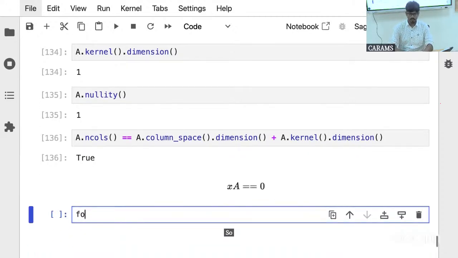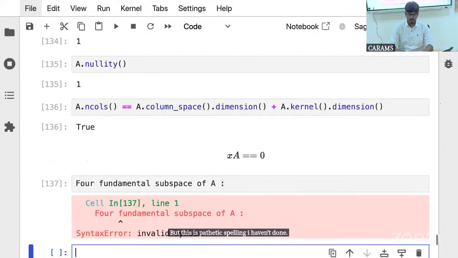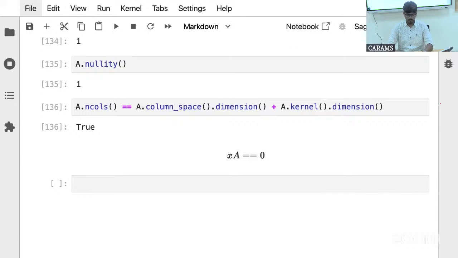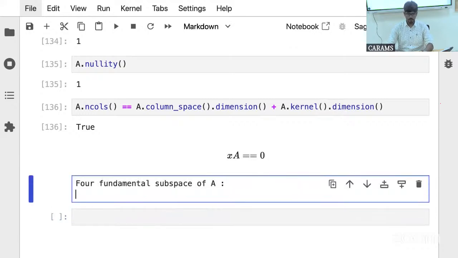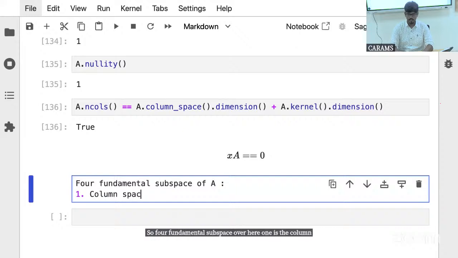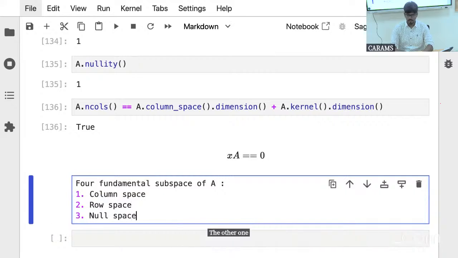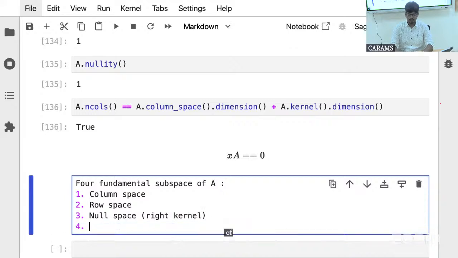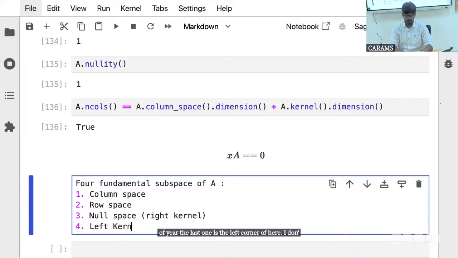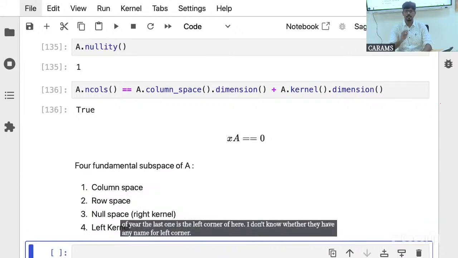The four fundamental subspaces of a matrix A: one is the column space, the other is the row space, the other is the null space, which we also call the right kernel of A. The last one is the left kernel of A. I don't know whether they have any name for the left kernel, like null space.